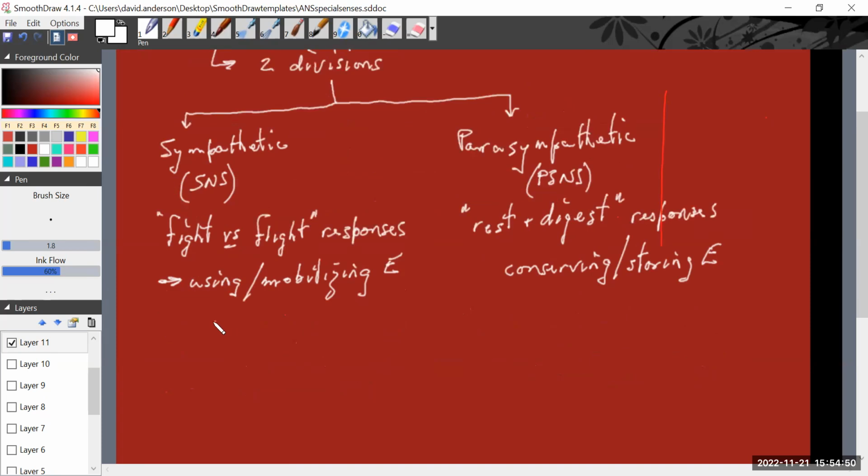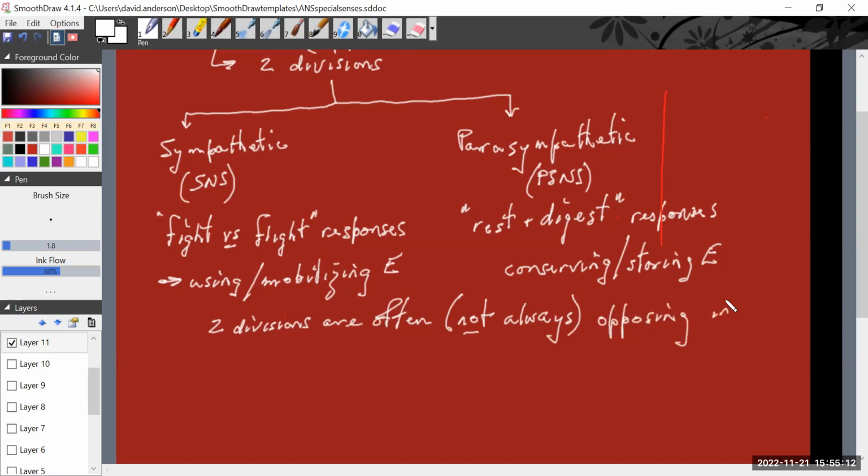So the two systems, the two divisions, are often, and that means not always, opposing. And that opposition is designed to create autonomic tone.